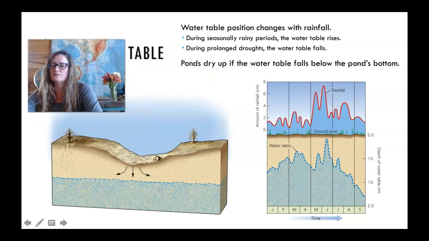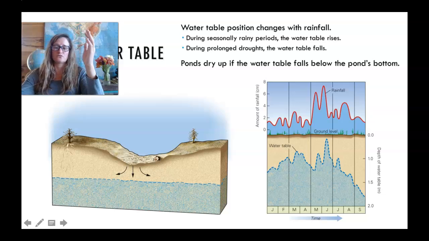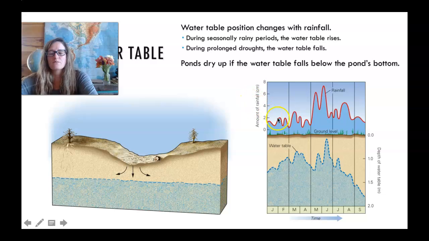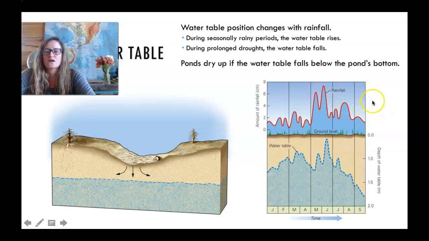The water table then is going to move when it rains, and during drought it can also drop. So here in this graph, the top part of the graph is the rain. So it's raining, and every time it rains, whoop, whoop, whoop, the water table responds. So the water table goes up and down as the rain goes up and down, and we can measure that in a monitoring well.